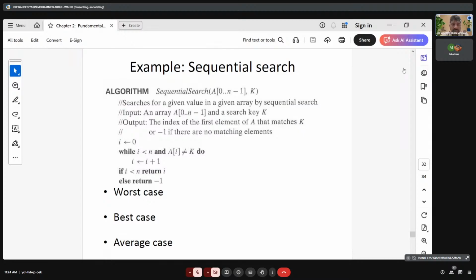Who wants to share his answer? I think it's easy code for sequential search. Any volunteer? Any volunteer want to share his screen?